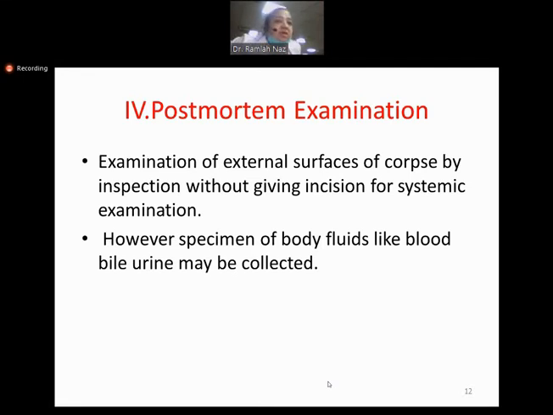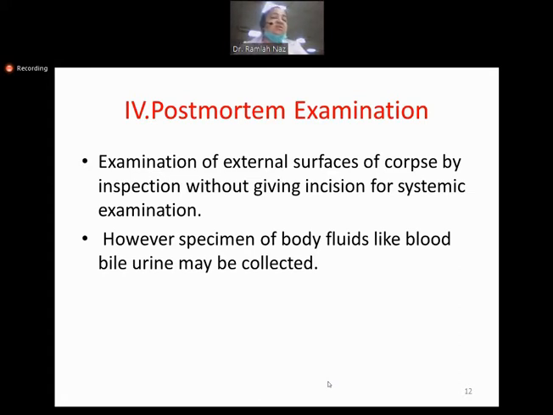Usually, when we receive bodies after 5 o'clock, it is mandatory to perform just the postmortem examination, that is, the external examination, where you look for whatever changes are there, because internationally, and now here too, it is recommended that after 5 o'clock you won't do autopsies.